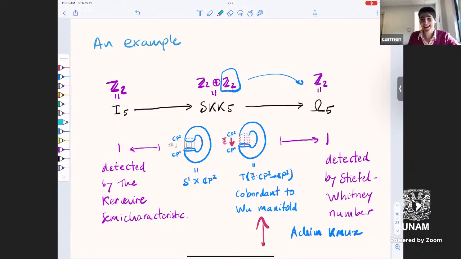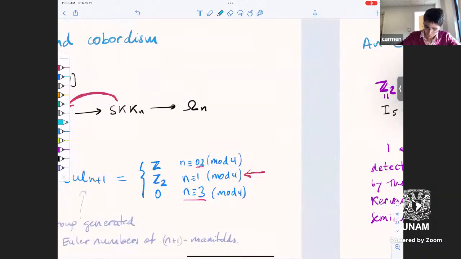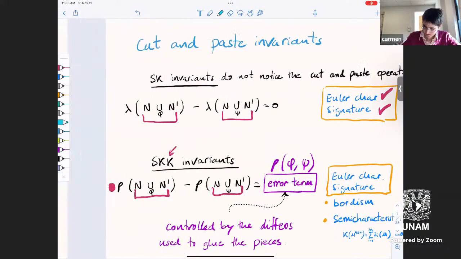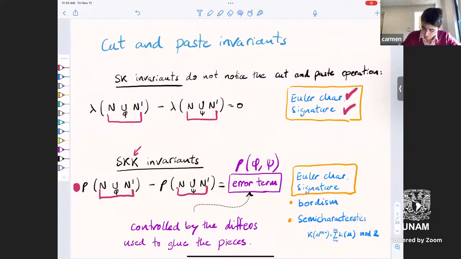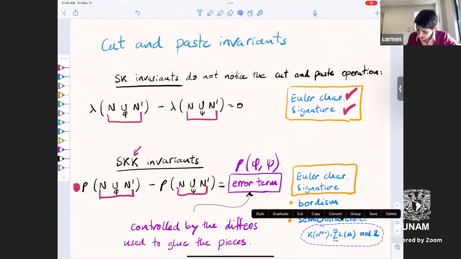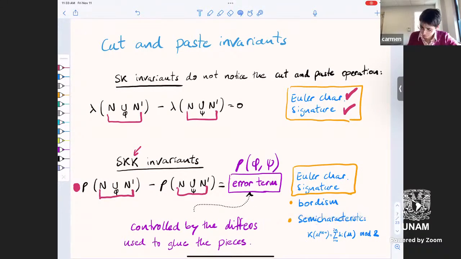Now, a little less difficult than what Achim Krause did, you can just use the Künneth formula to compute the homology of this. And let me maybe scroll back a little so that we have the formula. Where was it? It was just here. Maybe I will just copy it. So we had our formula for the semi-characteristic.